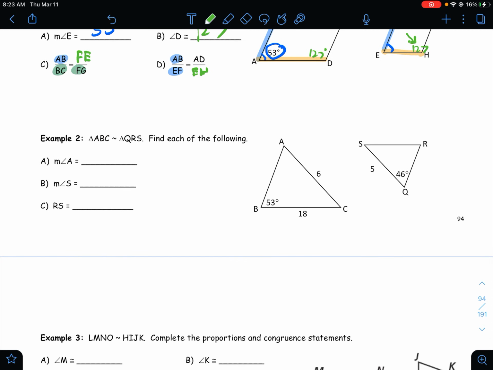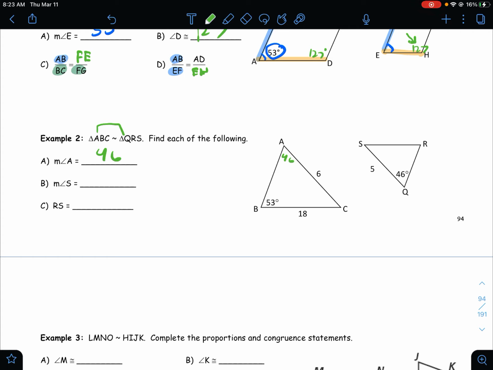All right. Next, for example 2, we have triangle ABC and triangle QRS. So they want to know angle A. So angle A and angle Q go together, and we do know what angle Q is. Angle Q is 46, so that means that angle A has to be 46. All right.